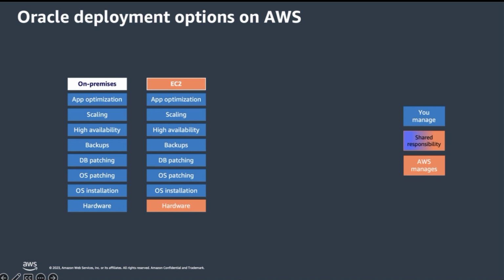Now, in AWS, you have broadly 3 ways that you can deploy your Oracle workloads. The first one is you can have your Oracle workloads on EC2, which is our Elastic Compute Cloud.